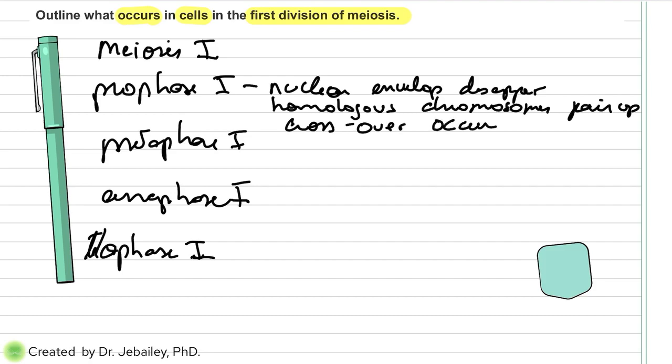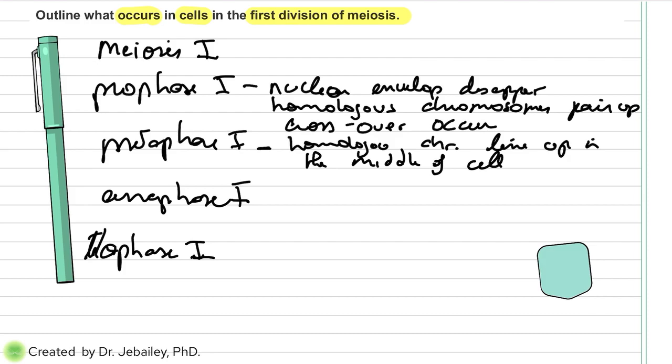So these are the main things about prophase 1. And metaphase, you can say that the homologous chromosomes line up in the middle of the cell. And you can say that it was a spindle that lines them up. And where does the spindle come from?